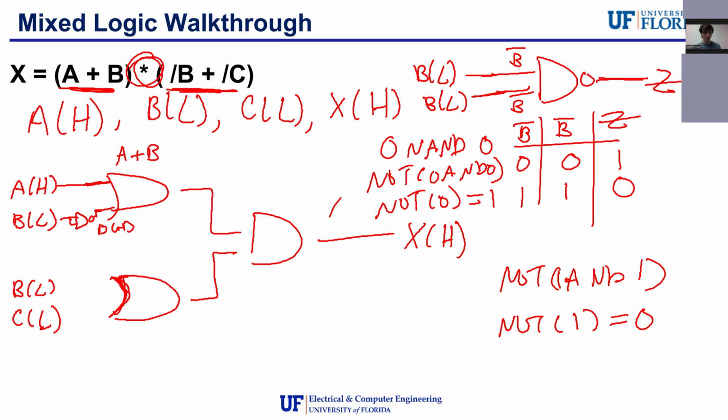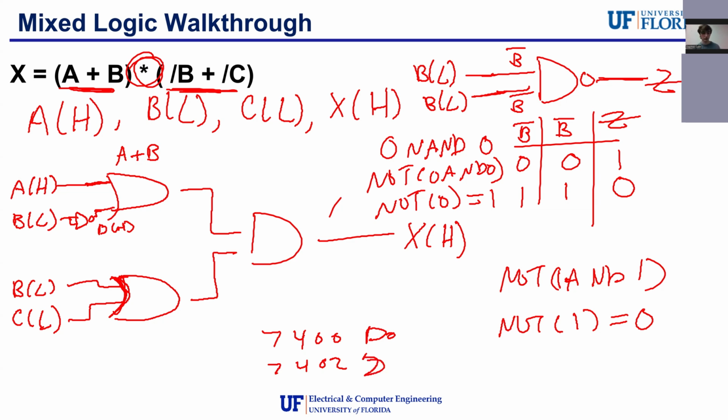Now, if we go down to the bottom, we can see we have B active low and C active low. So we can just use this like a normal OR gate. Basically, we route them both in and we get OR. But because we're going to use this for our circuit, we can only really use 7400 and 7402, which is NAND and NOR, right?